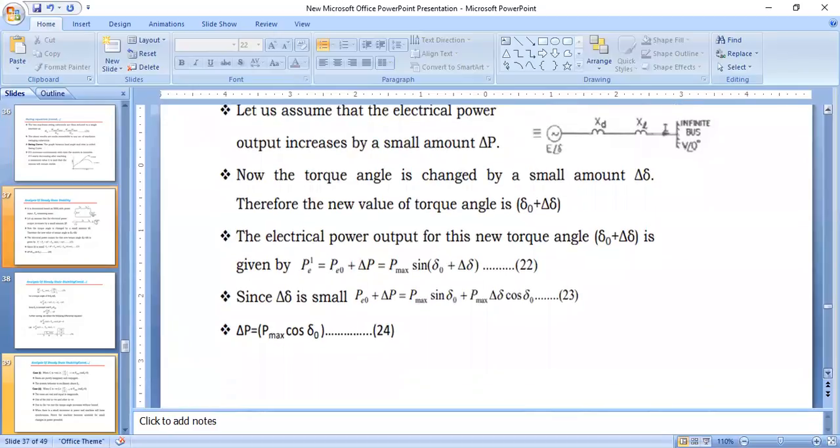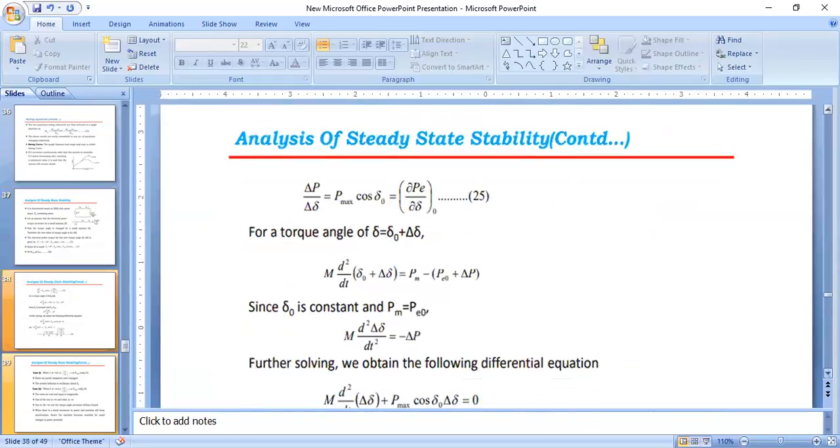The electrical power output for this new torque angle delta 0 plus delta is given by Pe dash, equal to Pe0 plus delta P, that is equal to P maximum sine (delta 0 plus delta). Since delta is small, Pe0 plus delta P is equal to P maximum sine delta 0 plus P maximum delta cos delta 0, and delta P is equal to P maximum delta cos delta 0.